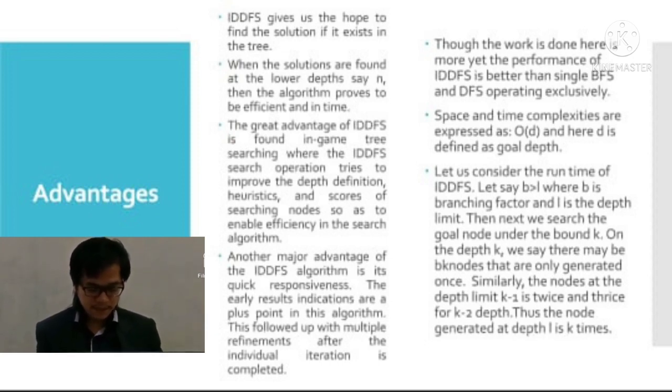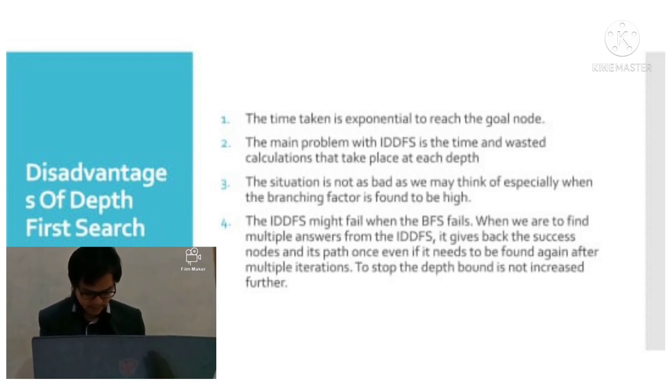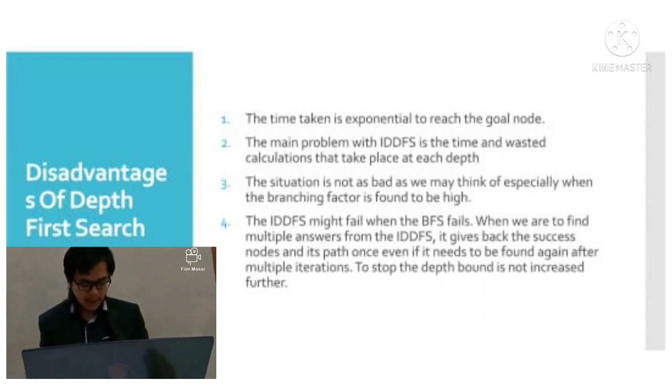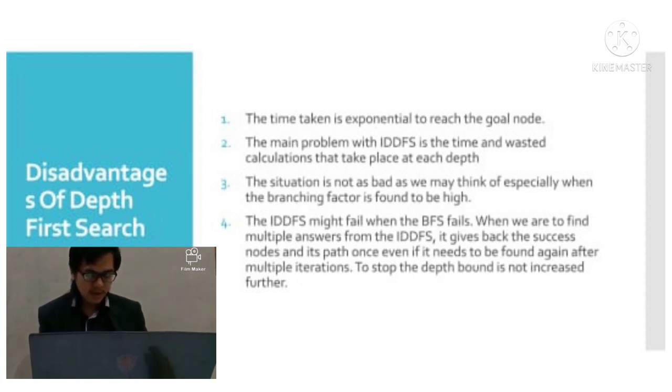And the disadvantages. The first disadvantage is that the time taken is exponential to reach the goal node. The main problem with IDDFS is the time and the calculation that take place at each depth. And the third disadvantage is that the situation is not as bad as we may think, especially when the branching factor is found to be high.